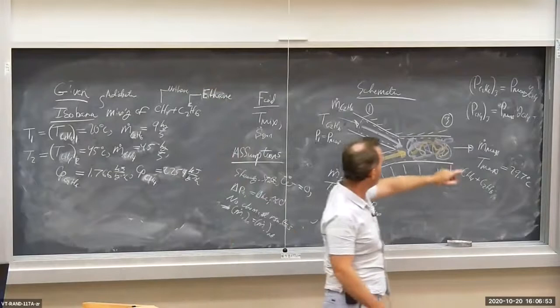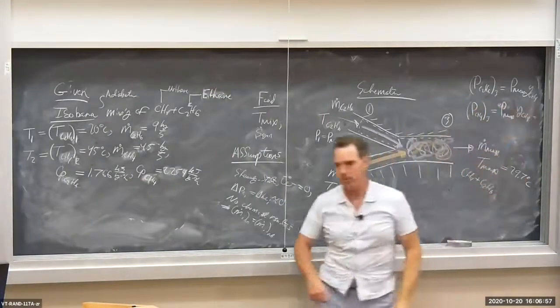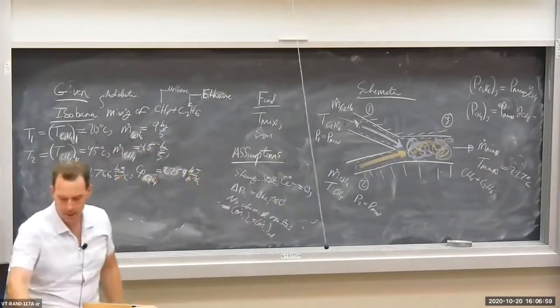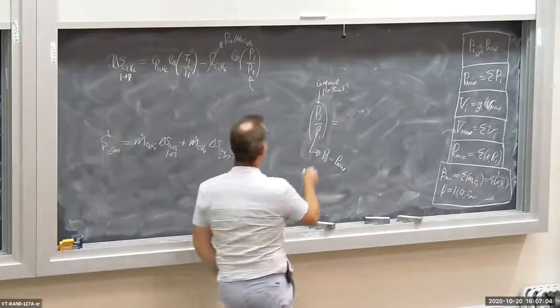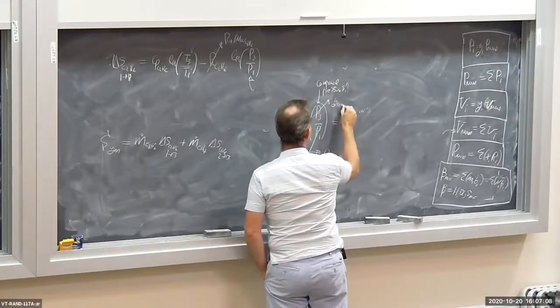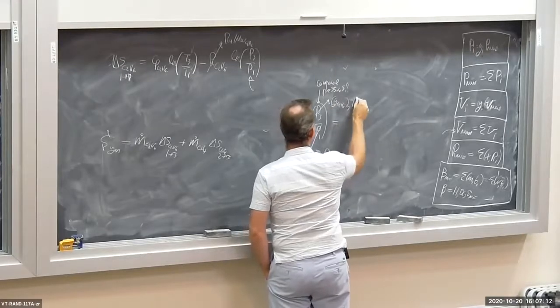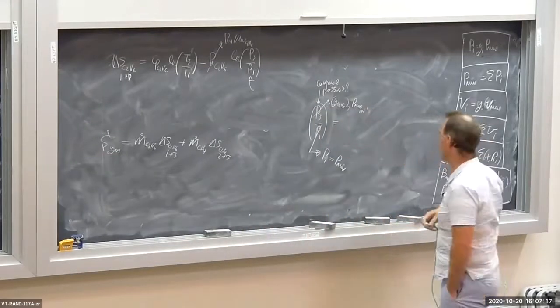And the partial pressure for the ethane at the outlet is the mole fraction of ethane at the outlet times the mixture pressure at the outlet, okay?